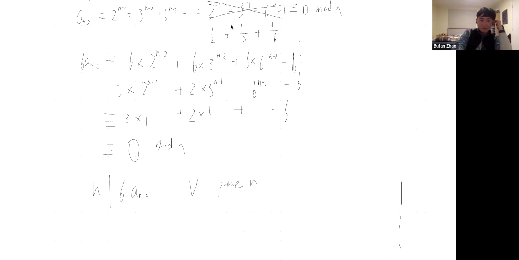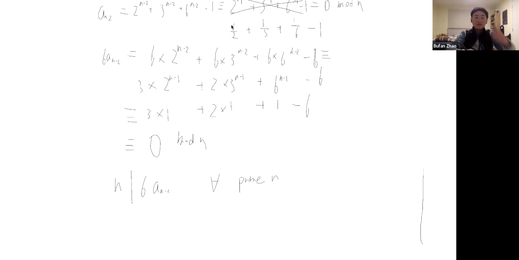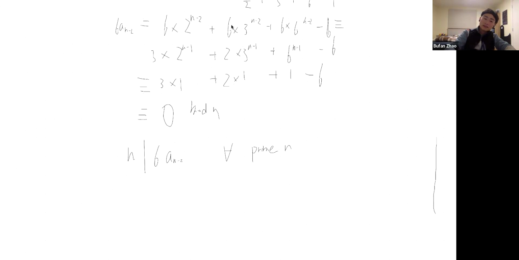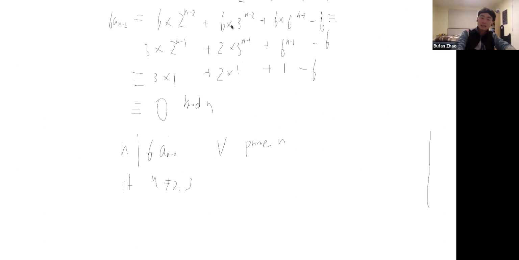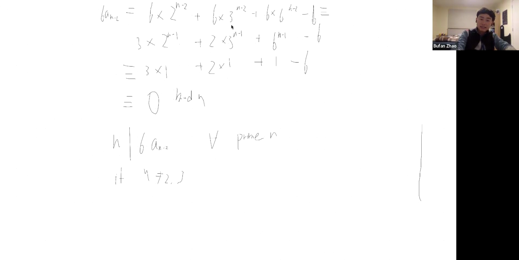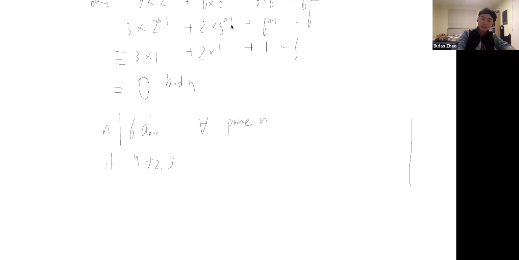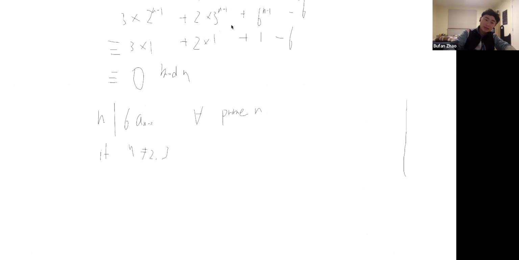And if n is not 2 or 3, then 6 doesn't really matter, because 6 is co-prime to n. It means that n has to divide a^n minus 2 itself, right?